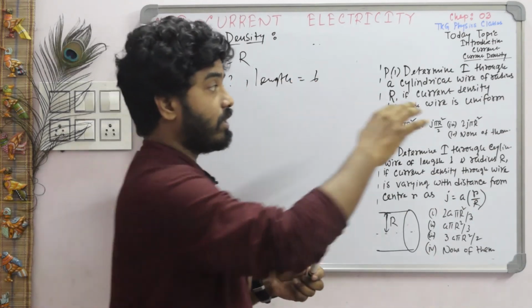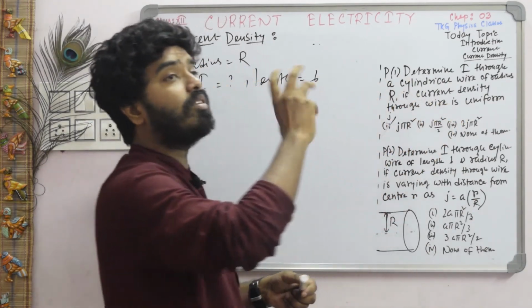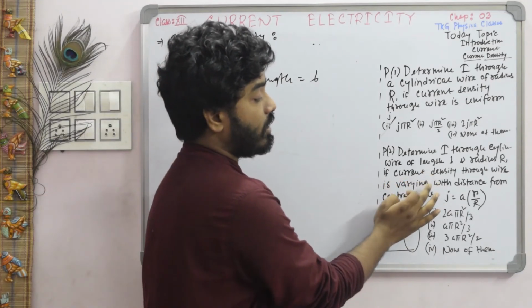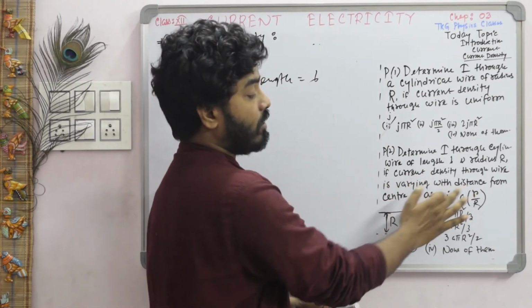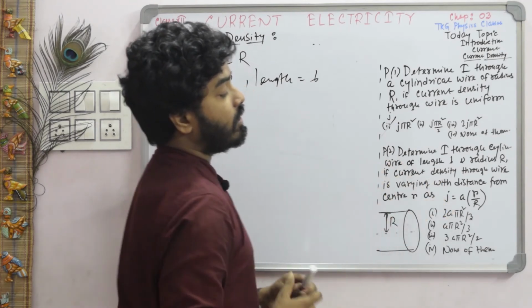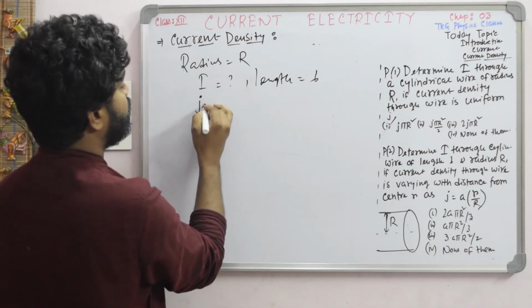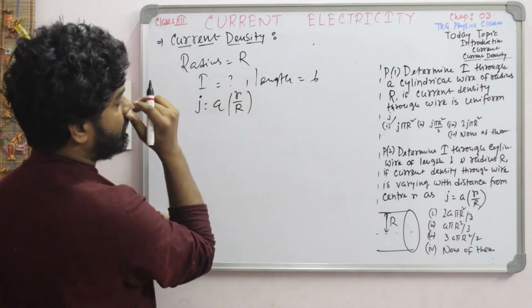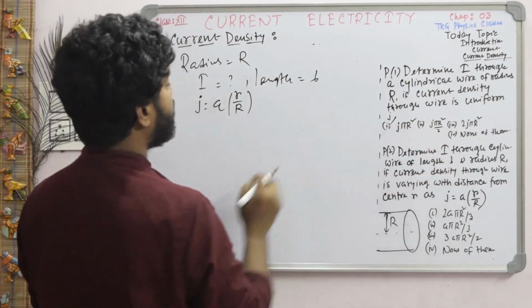In the first question the current density was uniform, that is the simple part, but here the current density varies with distance from the center r as J is equal to A r by R. Now, you have to find out the value of current.